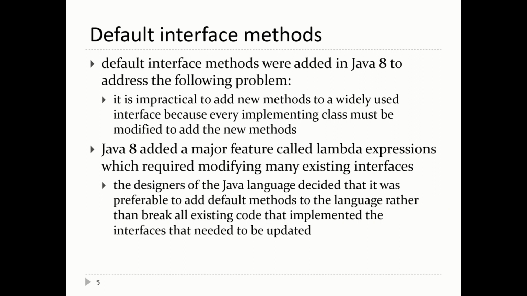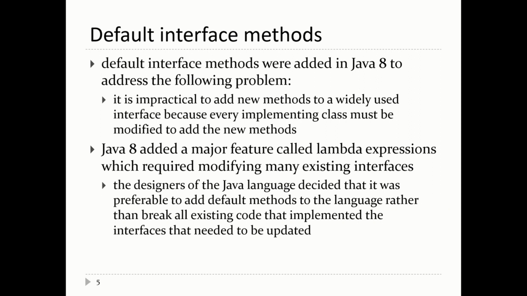And there's a problem with interfaces. If you release an interface and it becomes widely used, you really can't change that interface anymore. Because if you make a change to the interface, everybody who used your interface now has to re-implement all their classes to add or remove whatever methods you added or removed.